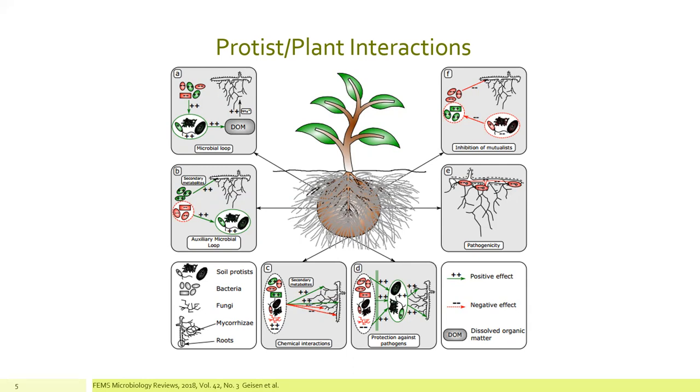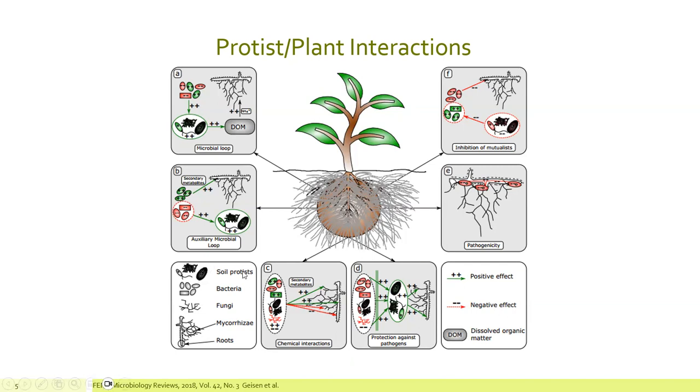Again, we're talking specifically about using a microscope here. When we're looking at these protists, we're looking at specific morphology, and we're looking at three groups: flagellates, amoeba, and ciliates as well.